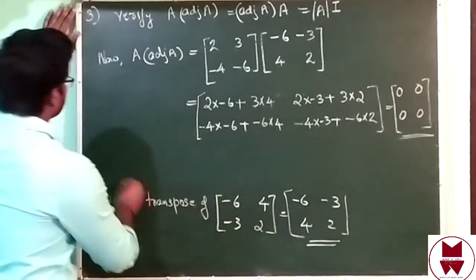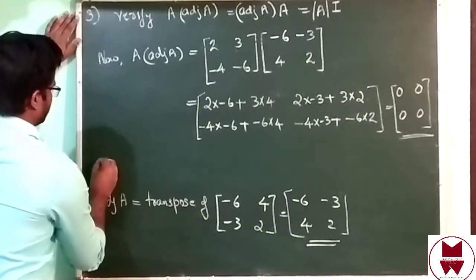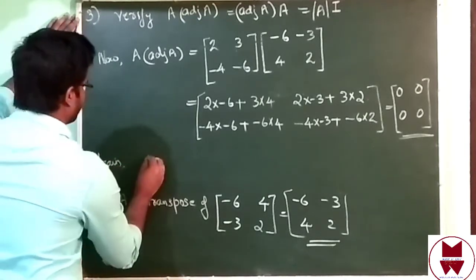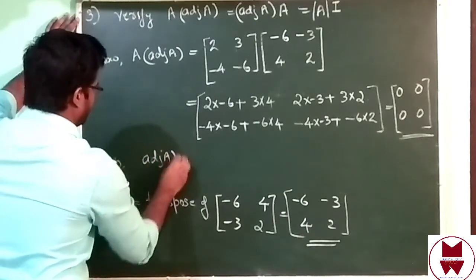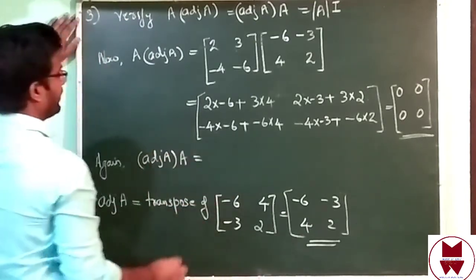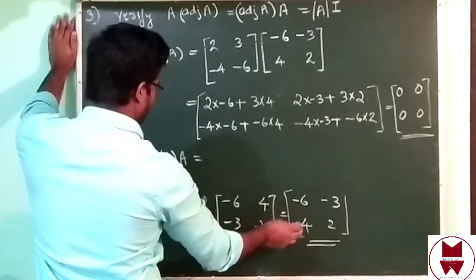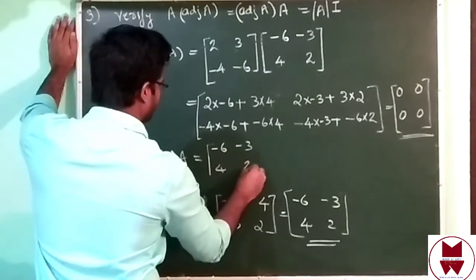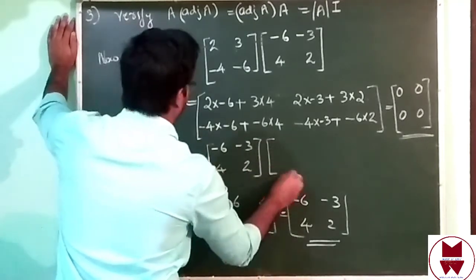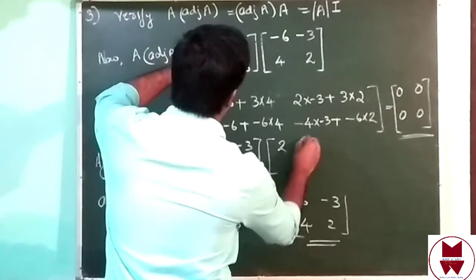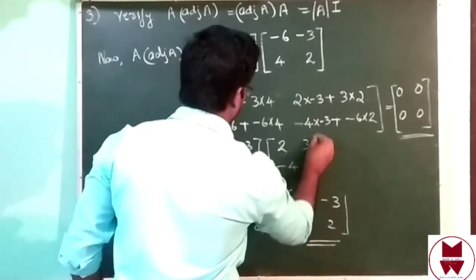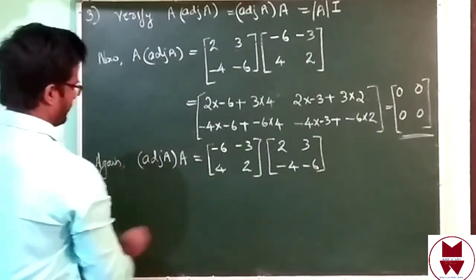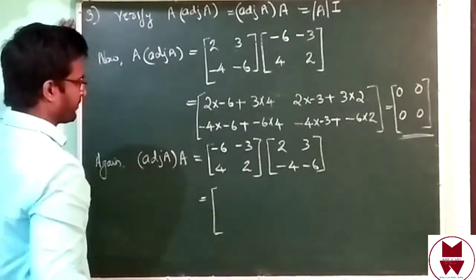Then the second part, again adjoint of A into A. First write the adjoint of A: minus 6, minus 3, 4, 2, into A. A means this matrix 2, 3, minus 4, minus 6. Then multiply.